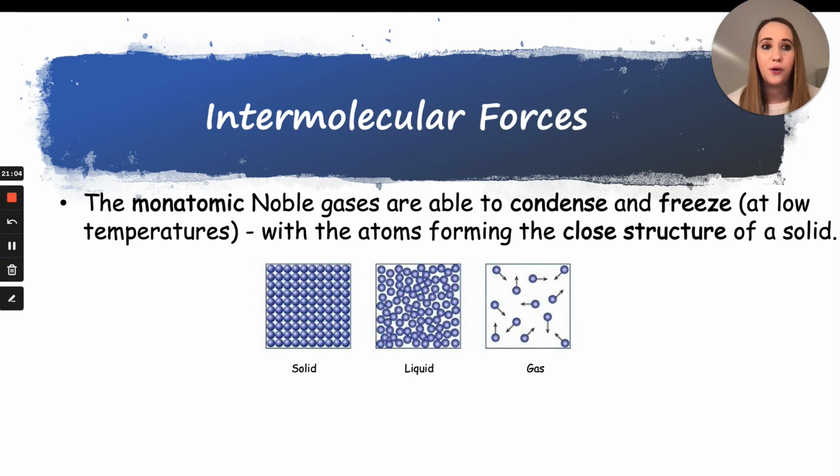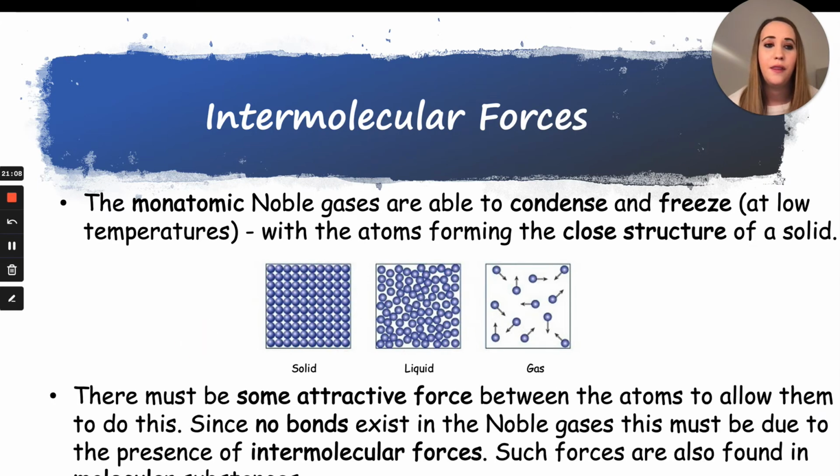And we know that's not bonds because they don't form bonds. So that is our evidence that there must be some other force attracting the atoms together. This is how we know that intermolecular forces must exist, and as well as existing in the noble gases, they are also found in molecular substances.